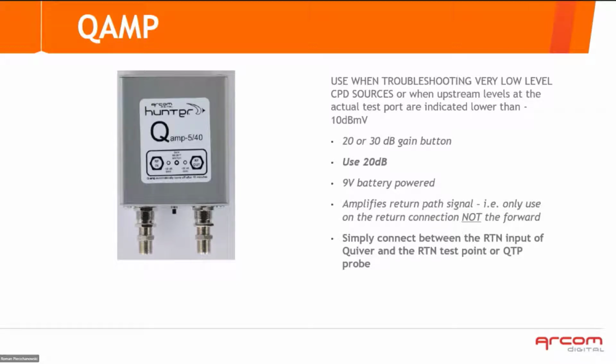I said something about an amplifier. We have in the Quiver kit the Q-amp. It's a device that is offering 20 or 30 dB gain. We prefer to use 20. It's 9-volt battery powered.